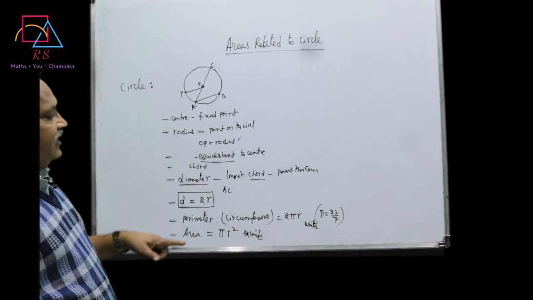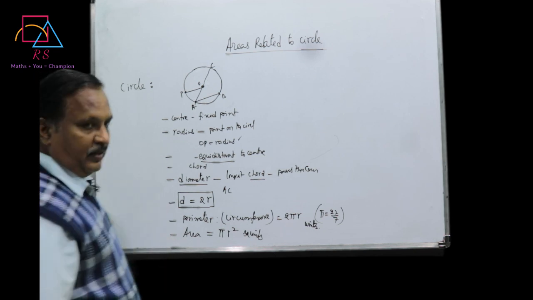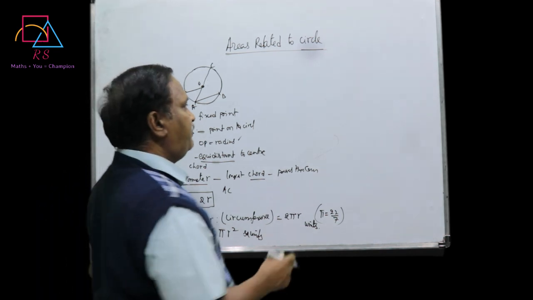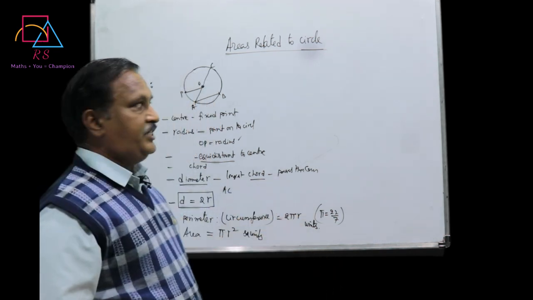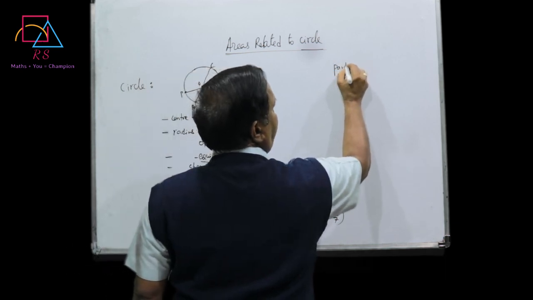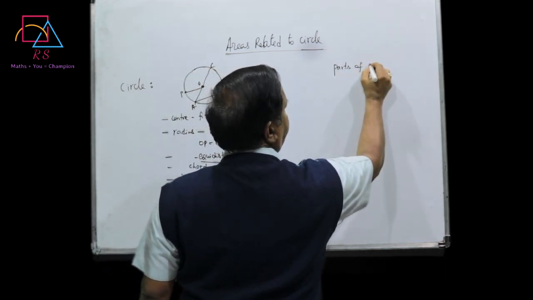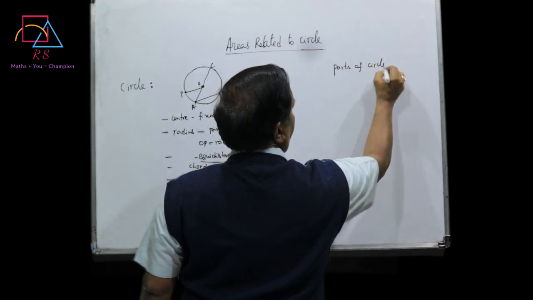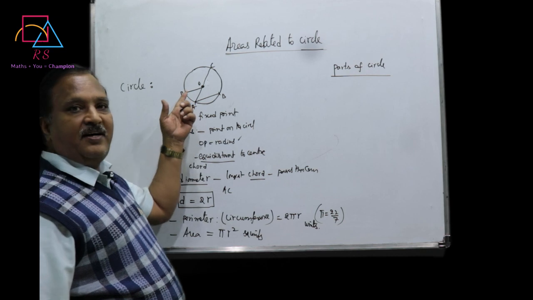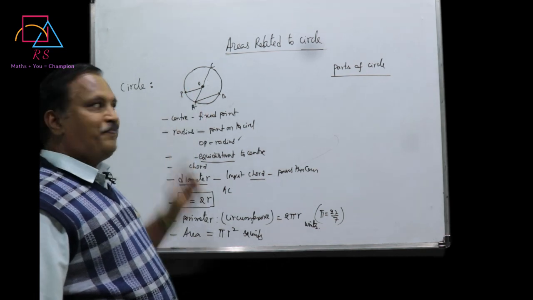So then what is there in this class, that means in 10th class? Many schools must have completed what I am going to teach. So we have to know different parts of the circle. Don't misunderstand, parts means chord, radius, diameter. That is one way.